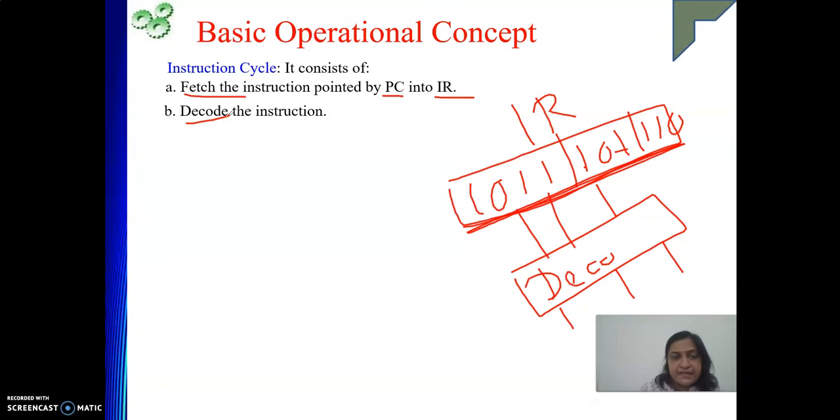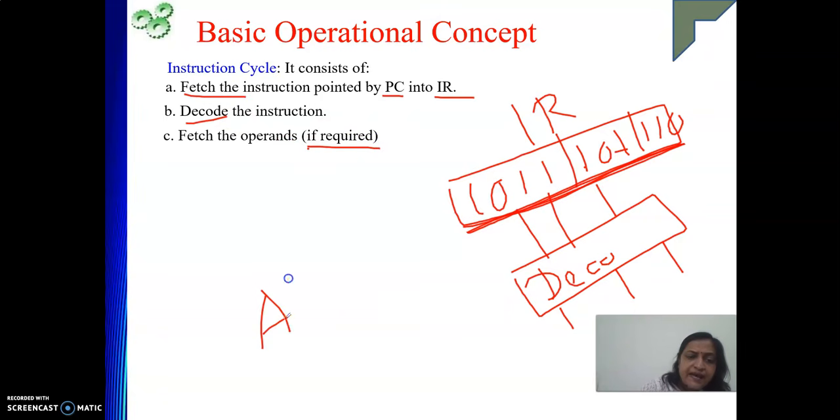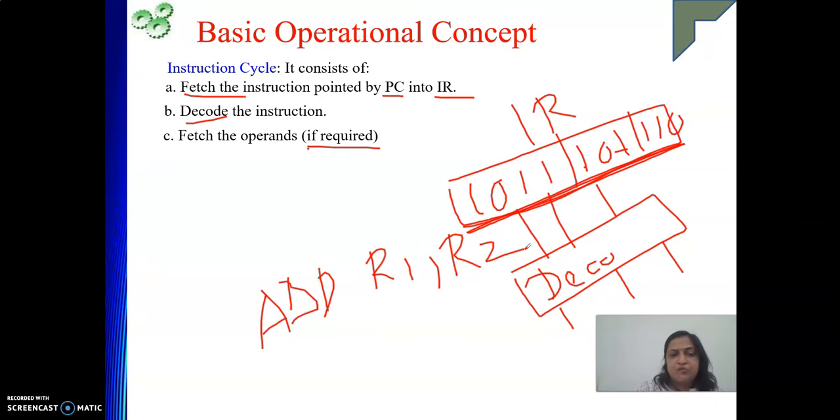Done. Next is fetch the operand, if required. Suppose I am writing ADD R1, R2. Then as part of my instruction execution, I need not go to memory to bring my operands. Why? Because these represent general purpose registers.